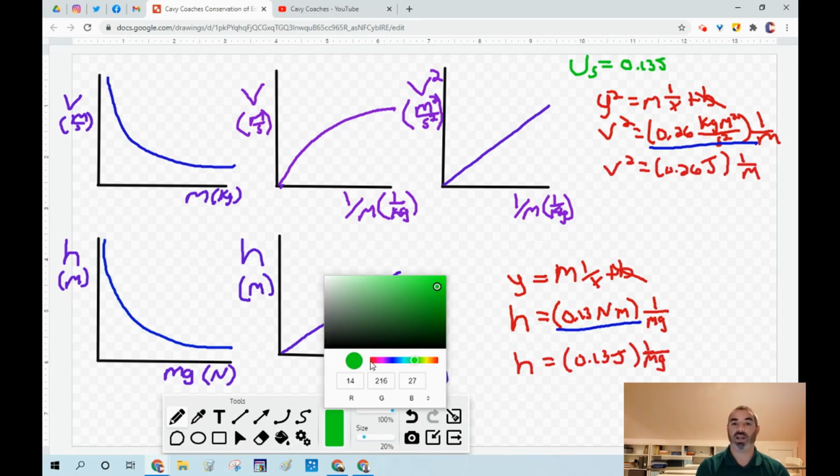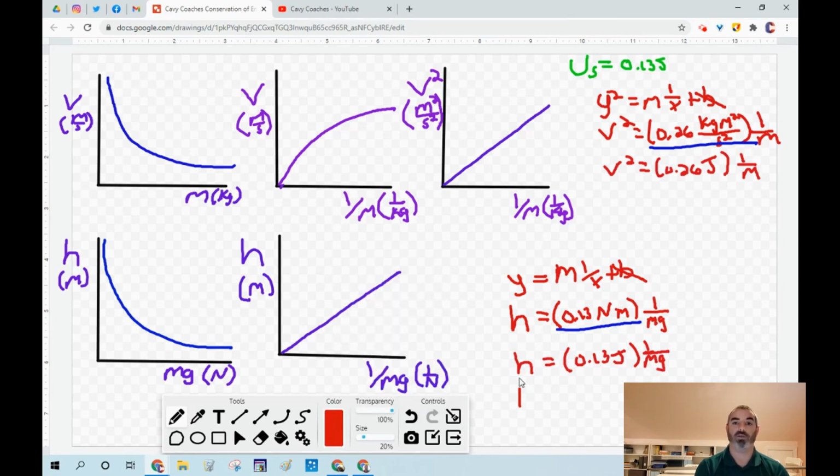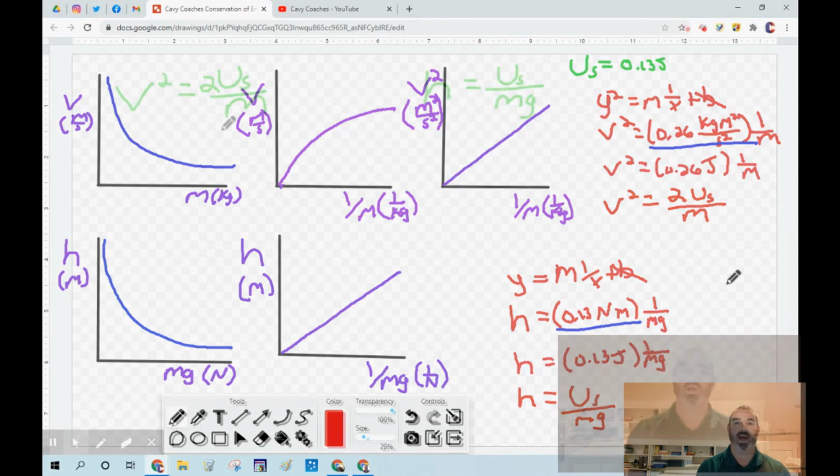And we can see that that matches up very well with the slope that we got for the height versus weight graph. So that means the height versus weight graph is h is equal to the stored spring energy divided by mg. And for the velocity versus mass, it's going to be v squared is equal to twice the stored spring energy divided by the mass. So what does all this mean?